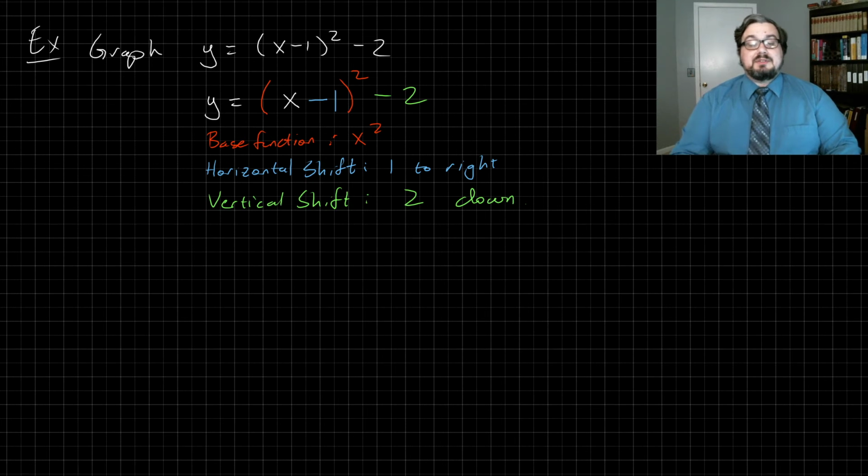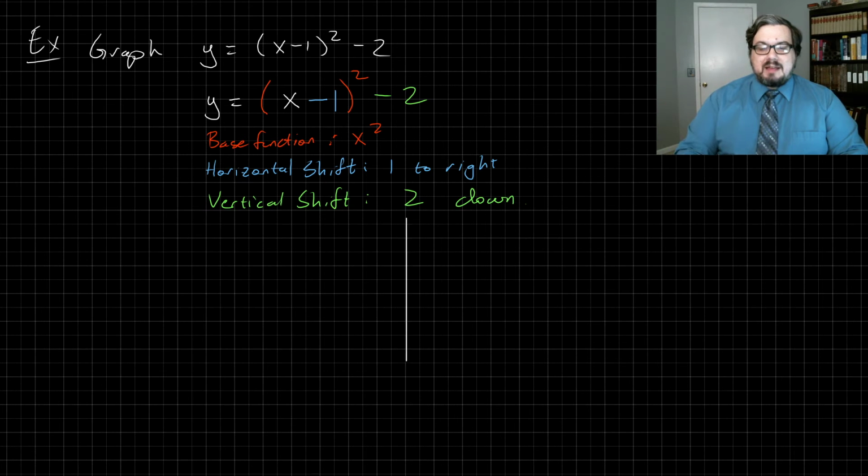Down now because we are subtracting 2 on the outside. So a lot of times, the best way to go about graphing these things is to start off by graphing the familiar function, the function that we know, that we have memorized.